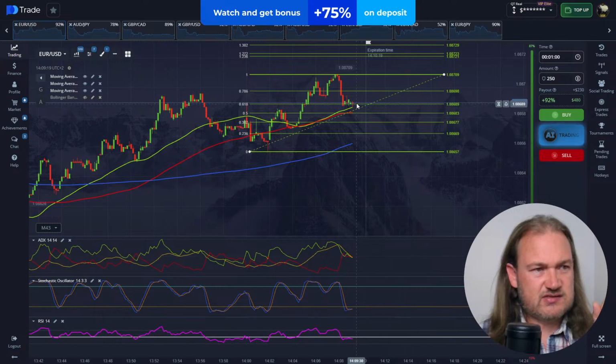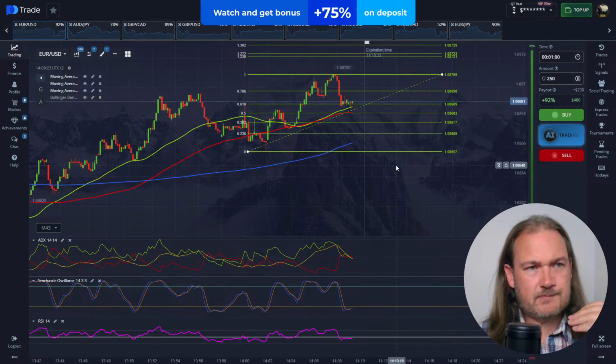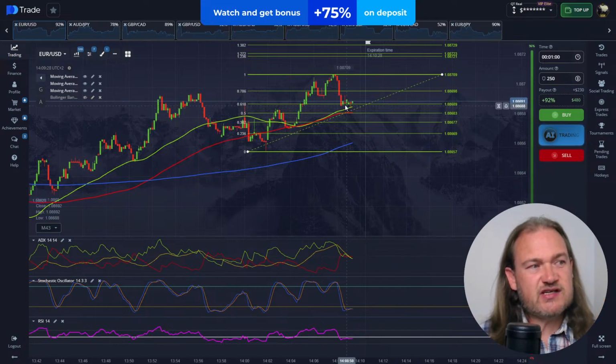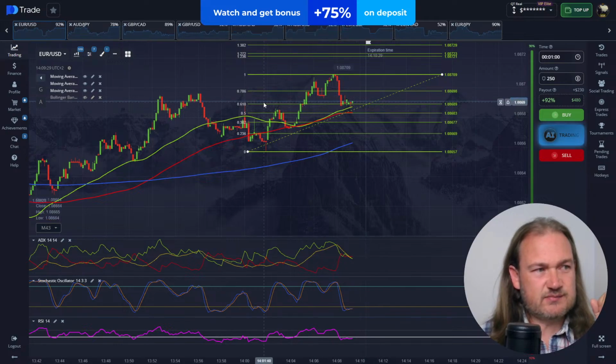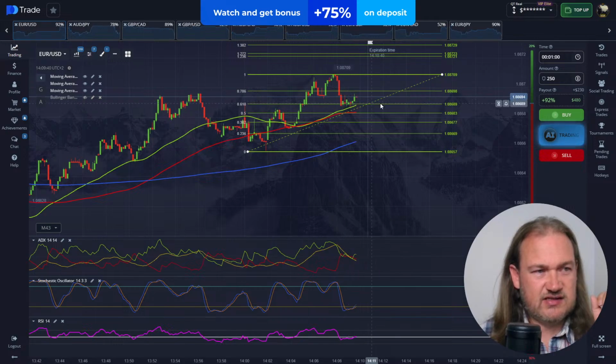And that's why we're not just jumping into trades here. We're going to take our time and see if we can find any nice entries. But it's very interesting to see how this 618 area is holding at the moment. It is really giving decent support there.